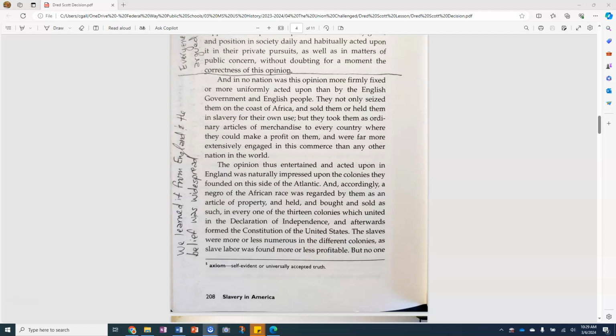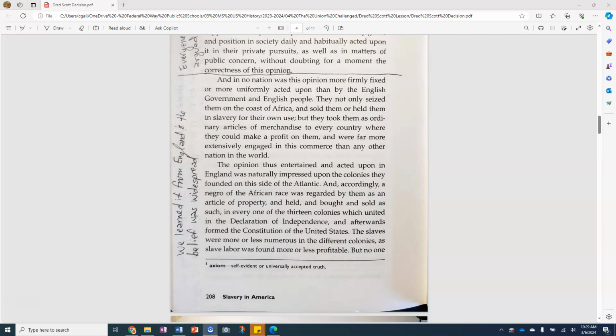The opinion thus entertained and acted upon in England was naturally impressed upon the colonies they founded on this side of the Atlantic, and accordingly, a Negro of the African race was regarded by them as an article of property, and held and bought and sold as such in every one of the 13 colonies which united in the Declaration of Independence and afterwards formed the Constitution of the United States.